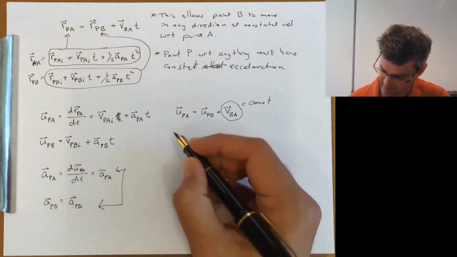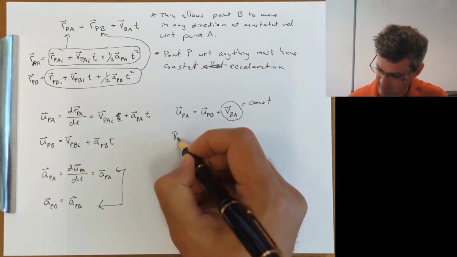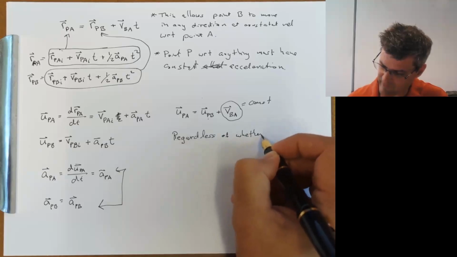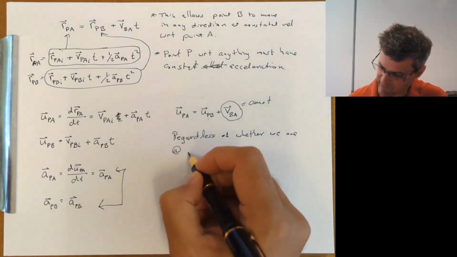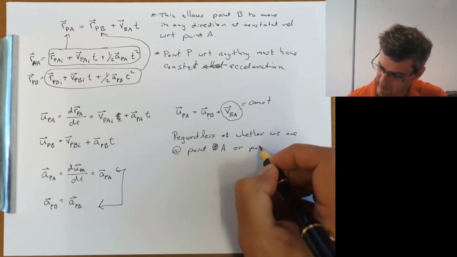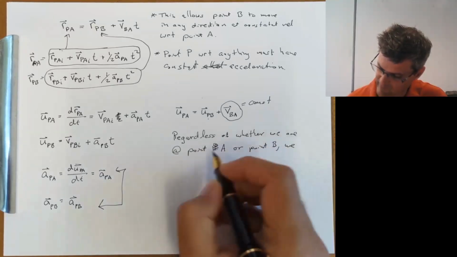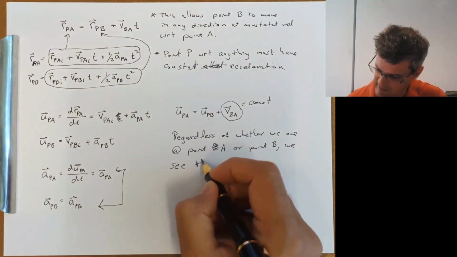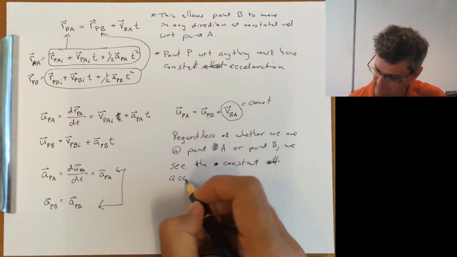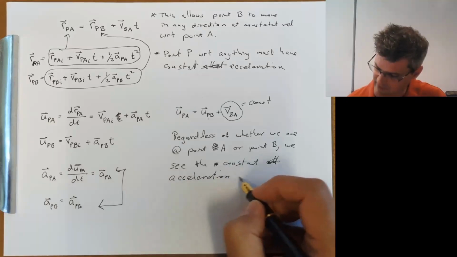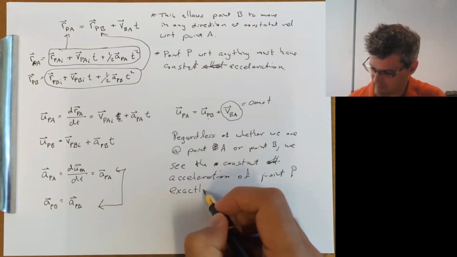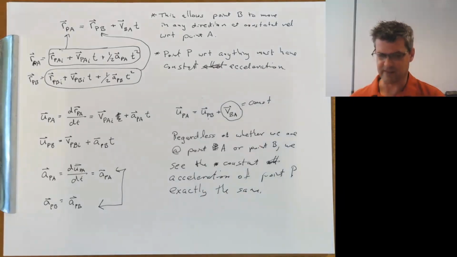So here, if I wanted to define the derivatives of both sides, I'm taking the derivatives of these two things. And what this tells me is that regardless of whether we sit at point P, point A or point B, we see the constant acceleration of point P exactly the same.